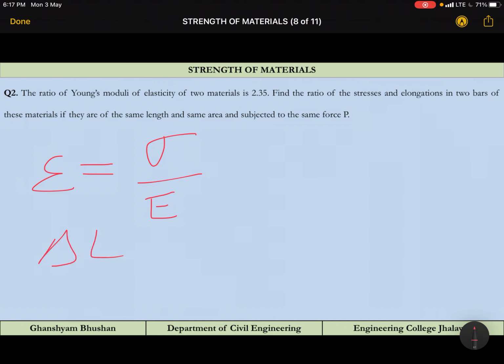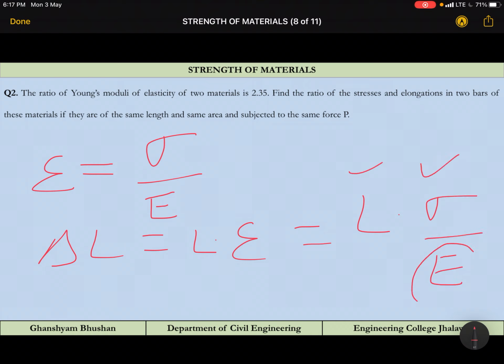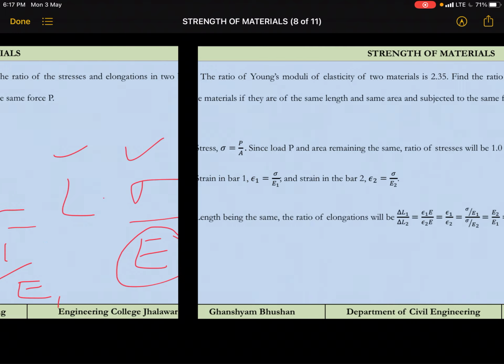So delta L will be L times epsilon, that means L into sigma upon E. L is the same, sigma is the same, but E is not the same. So delta L1 will be 1 by E1, delta L2 will be 1 by E2. We will take the ratio and we can see how much it is coming in the next slide.